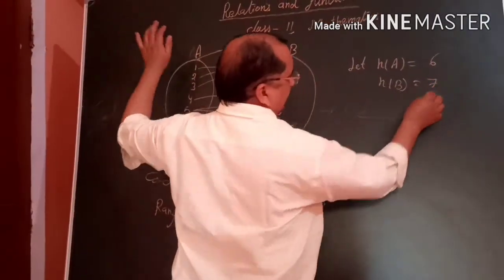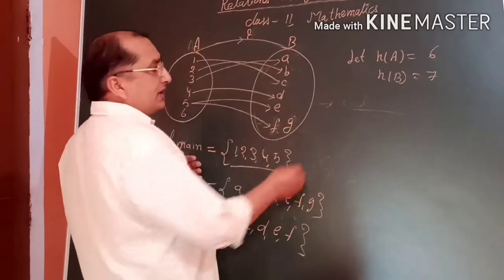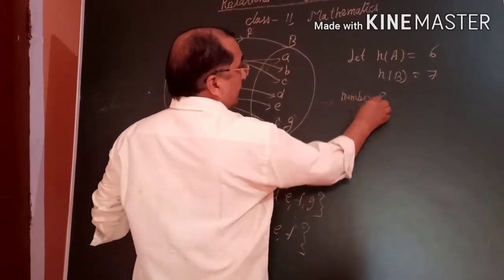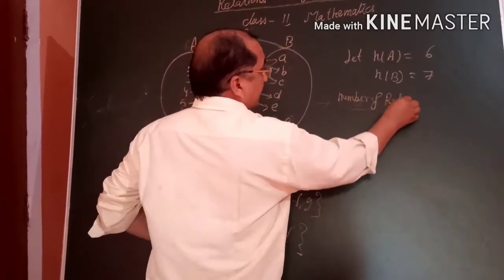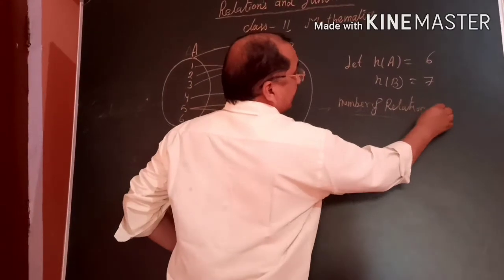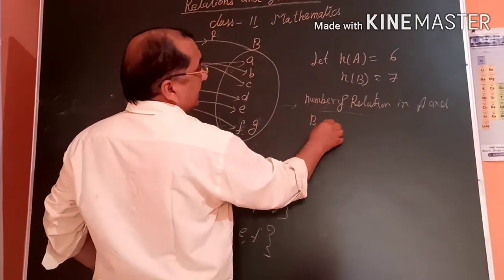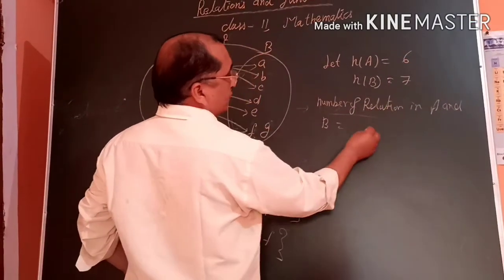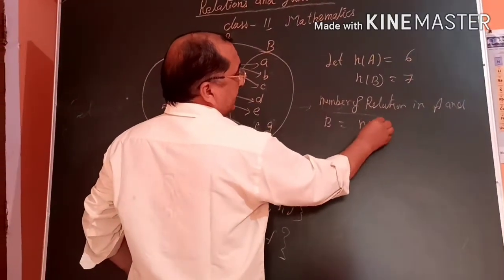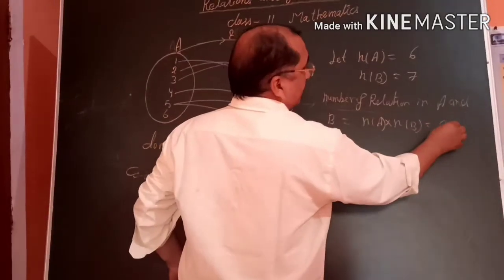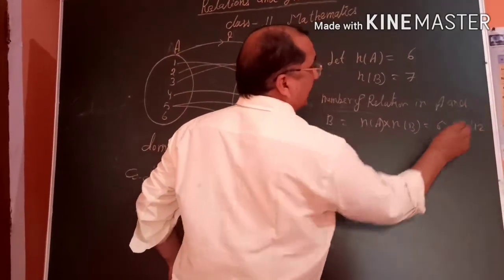Now the number of relations in A and B is the product of these two, means n(A) cross n(B). This is 6 cross 7 equal to 42 relations.